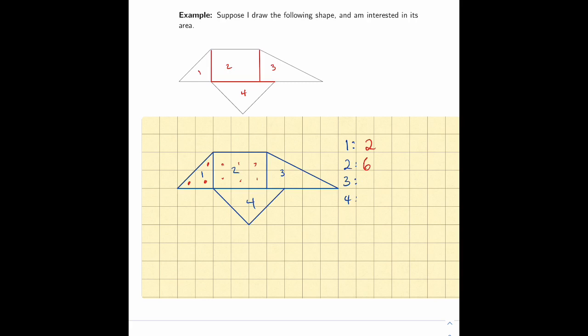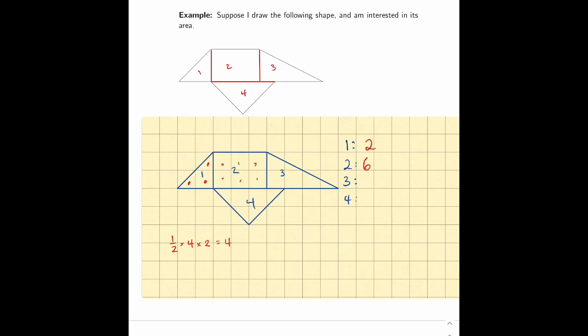For area 3, this one's a little more difficult to count up because the pieces aren't exact halves. You could use the formula, half of the base, which is 4, times the height, which is 2, and that gives me 8.